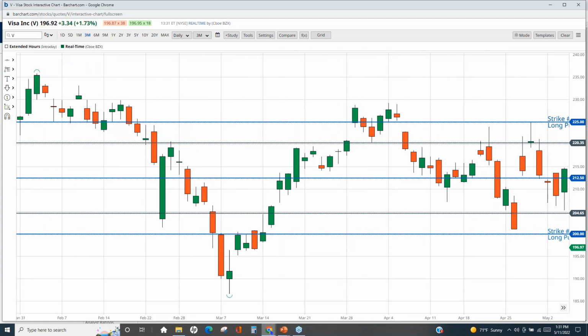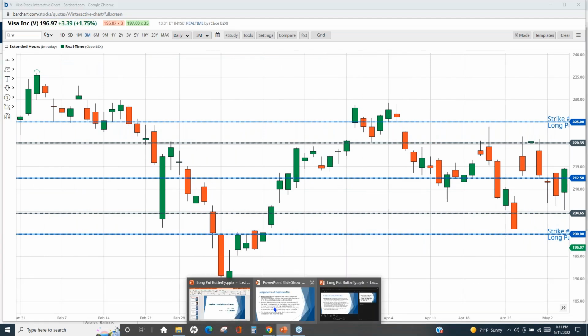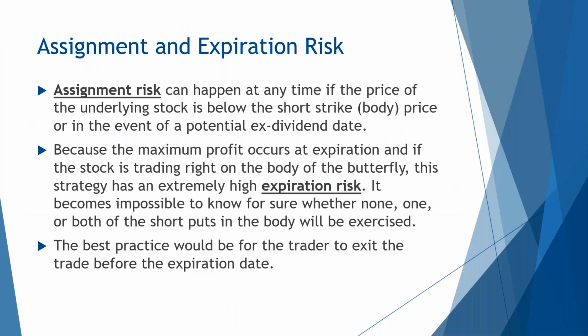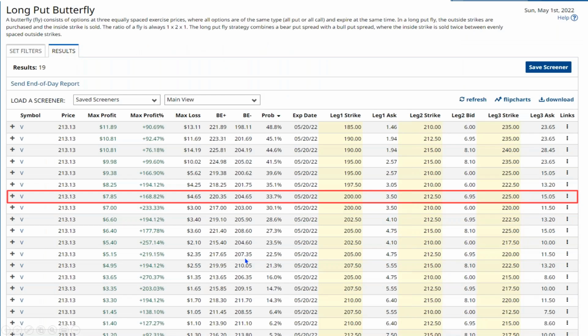Now let's go back to our slides, and what I want to show you is a snapshot of the price action at the end of the day, the third day after the earnings, where I'm saying, hey, maybe now price is going to be stuck in that range. So this is for our Visa.